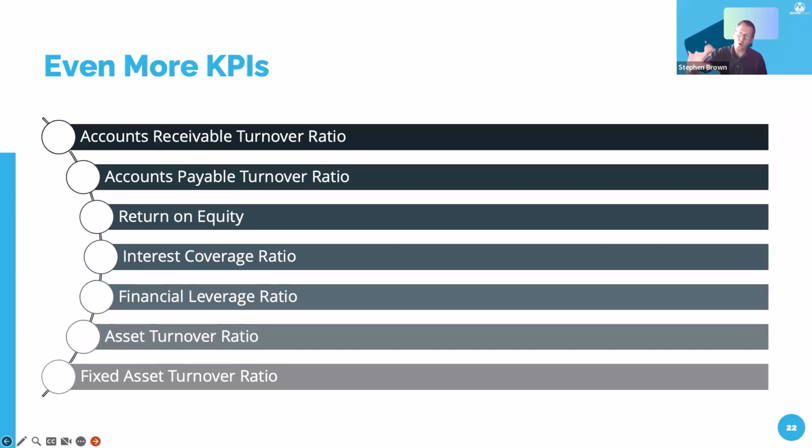And then there's a whole bunch of other things, many of which are related to some of the ones I've talked to you about. There are different ways of looking at these: accounts receivable turnover, accounts payable turnover, return on equity, and so on. But like I said, the ones I really like to look at are my quick ratio: how much cash do I have against my liabilities?